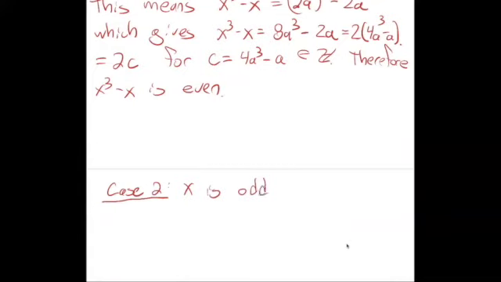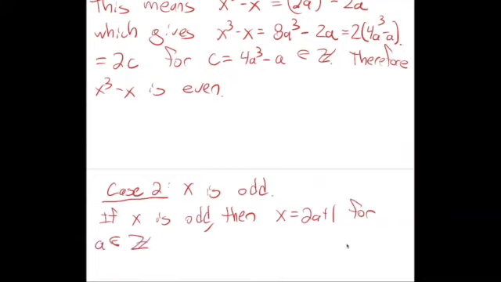I started with: suppose x is odd, then x equals 2a plus 1, where a is an element of the integers. This is great, you guys are being very good about this. Definitely be very careful any time you introduce something that you don't just skip over this detail, by saying what is this object a.